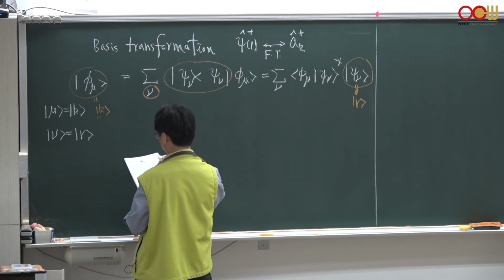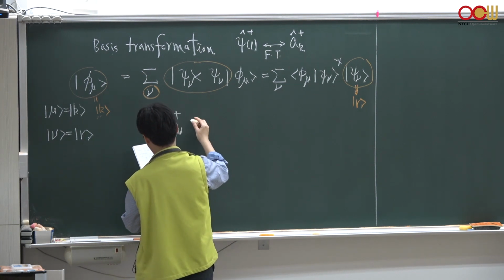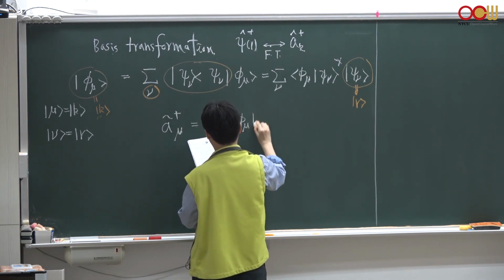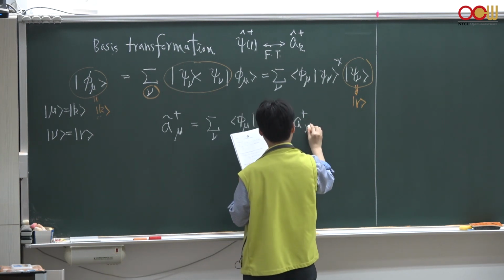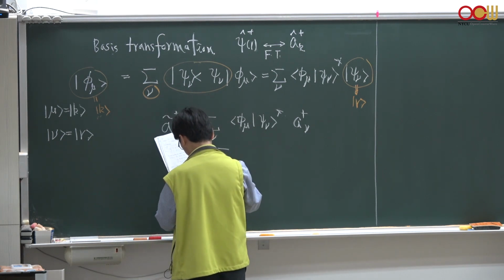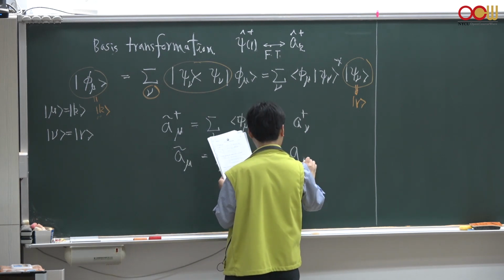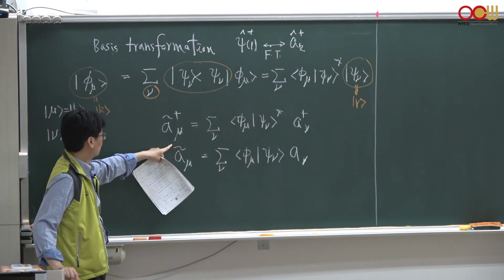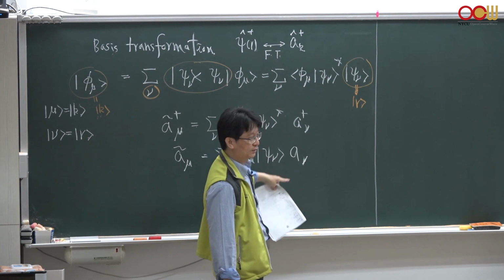And therefore, we could define a new kind of operator, a mu theta dagger, which is the sum over nu of phi mu psi nu star a dagger nu. Likewise, a theta mu is the sum over nu of phi mu psi nu a nu. For operators defined in the mu space, I put a theta. For operators defined in the nu space, I don't put a theta here.